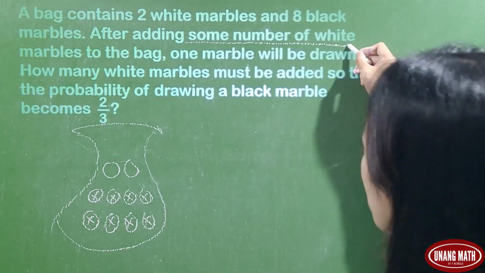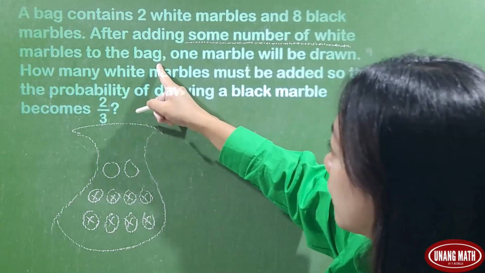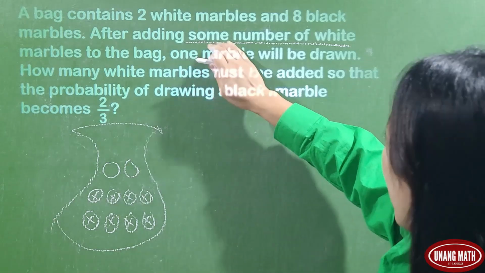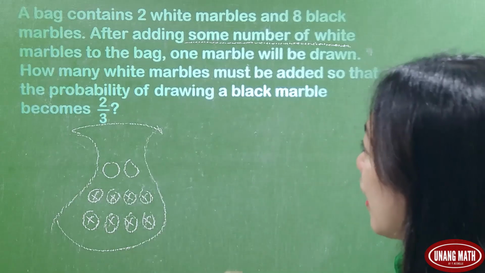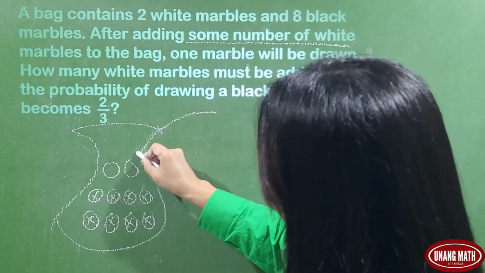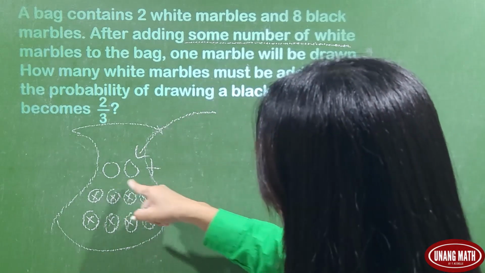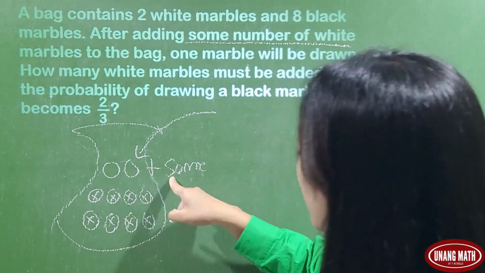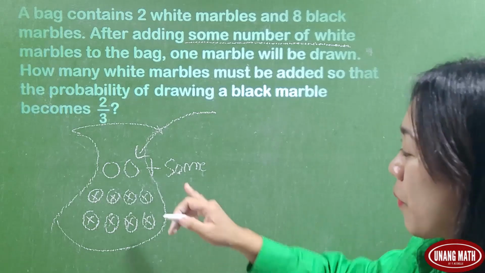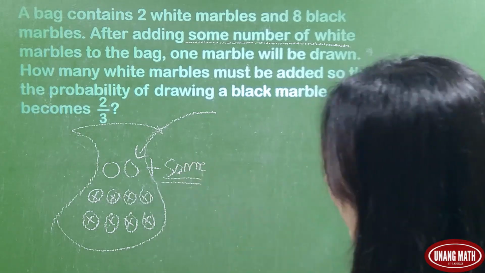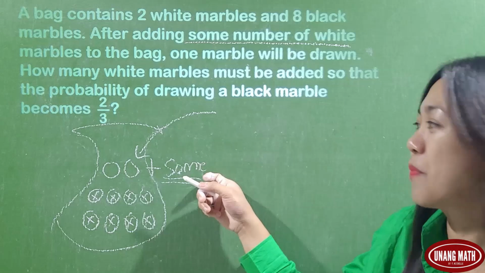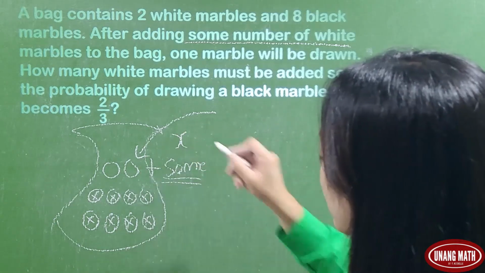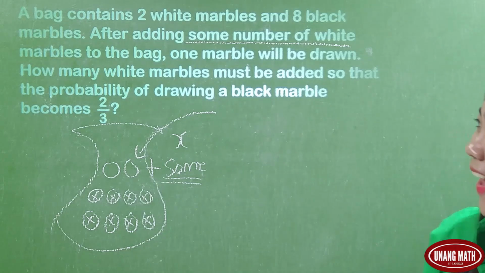Some number of white marbles. We actually don't know exactly how many white marbles are added. So here we have these 2 white marbles plus some white marbles. But we actually don't know exactly this sum, so we will be representing this one as X.